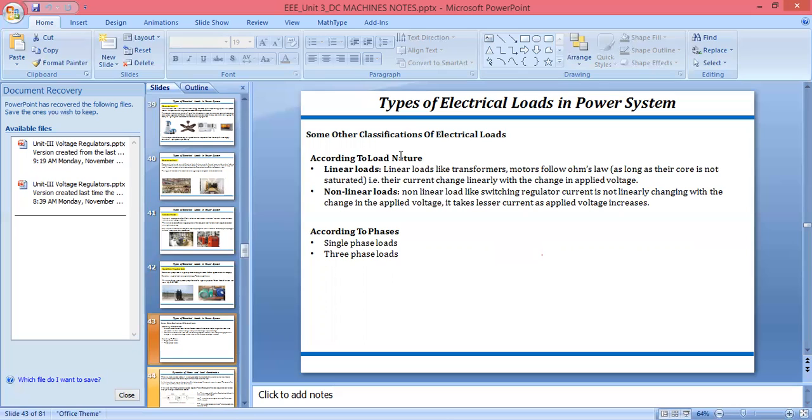Linear means what? If we are using a load which gives a value of voltage that changes linearly with respect to changes in the current, at that time we can say this is a linear load. Linear loads like a transformer, motors, follow Ohm's law.